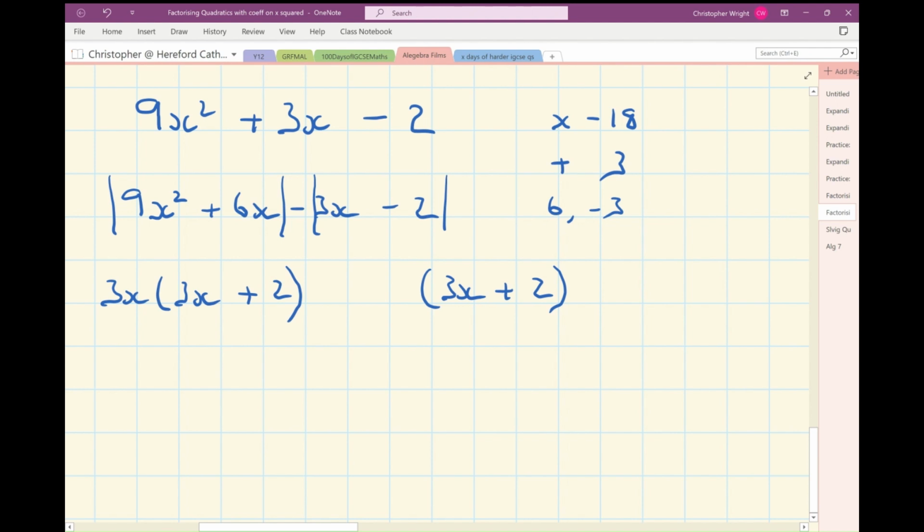So I'm going to have to pull out just a minus 1, aren't I? Yes, I am. Good. So now I can look at this and I can say I've got 3x lots of 3x plus 2, minus 1 lots of 3x plus 2. So altogether, I've got 3x minus 1, lots of 3x plus 2.